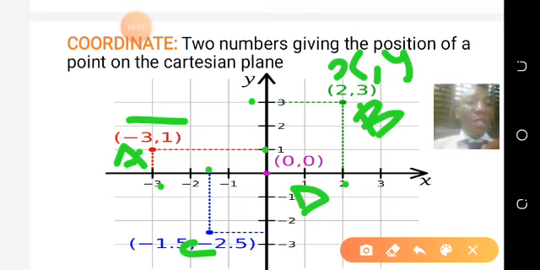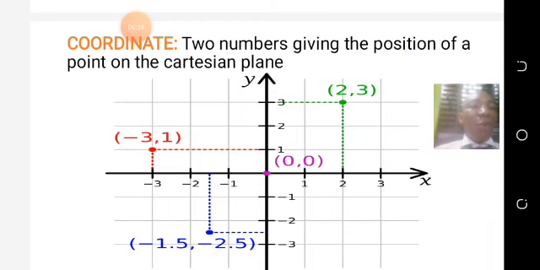So the coordinate of C is (-1.5, -2.5). Coordinate D is the origin. At the origin, x is 0 and y is 0. Then therefore, coordinate D is (0, 0). That is wonderful.